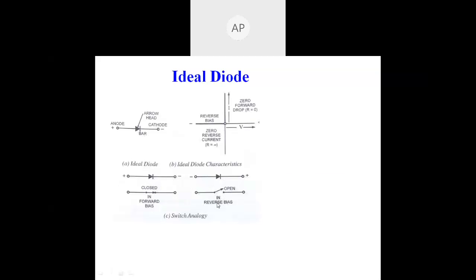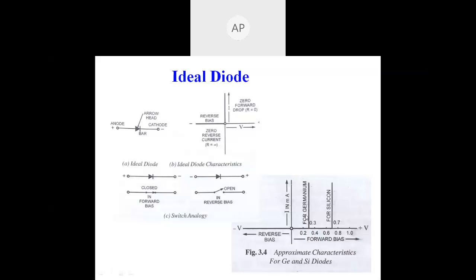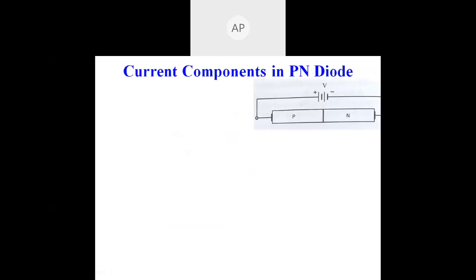Once the diode is forward biased, the current will flow. So this arrow indicates the current direction. How it is connected in the circuit determines how the current flows; that discussion we will have in subsequent lectures. Finally, when the diode is ideal, under forward bias it is a closed switch, and under reverse bias it is an open switch.